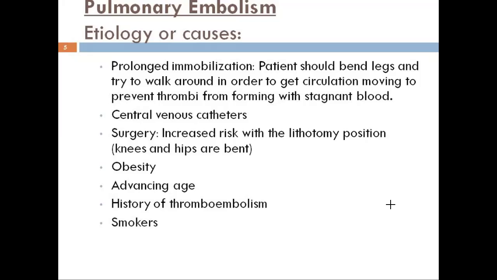And then advancing age. As you grow older, you're more likely to have deep vein thrombosis because you're more likely to have problems within your blood vessels like atherosclerosis and other things occurring within your blood vessels. So you're also at risk. And then having a history of thromboembolism can also increase your risk of having pulmonary embolism.